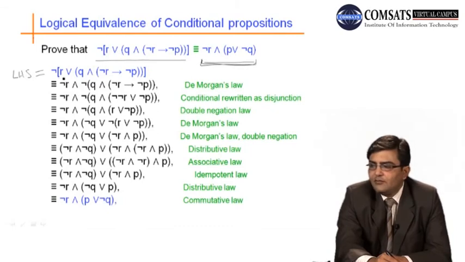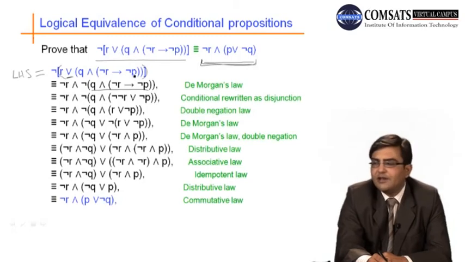First of all we can see that we have the negation of the whole expression. We shall apply the negation law. It will become the negation of R. Here we have the disjunction operator, which will be converted into the conjunction operator, and we have applied not on the rest of this expression.